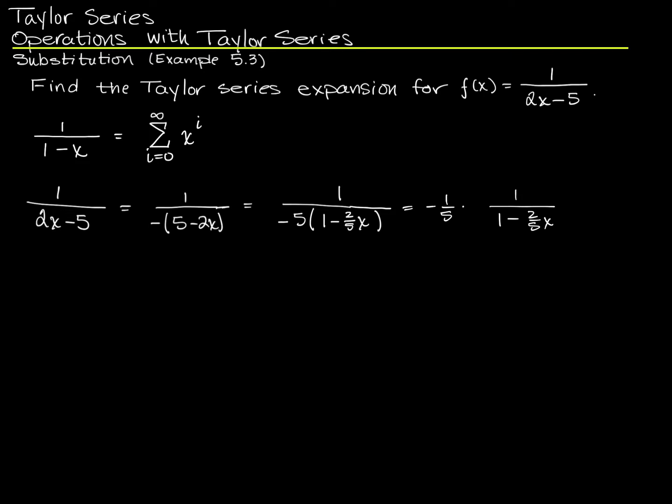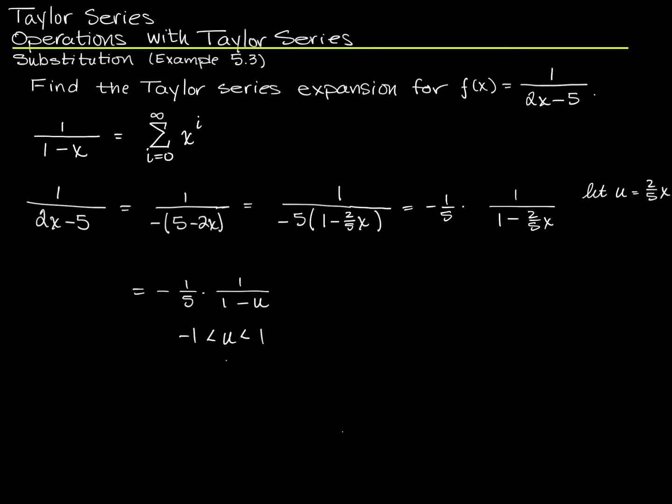So why don't we let u equal 2/5 x? Because then I can write this as negative 1 over 5 times 1 over 1 minus u. Now in this form here, remember that if I'm going to rewrite this in its form as a Taylor series, I have to remember that u must be between negative 1 and 1.